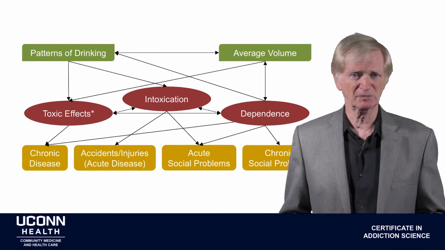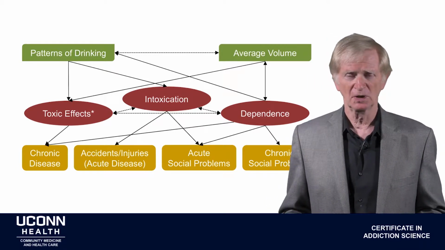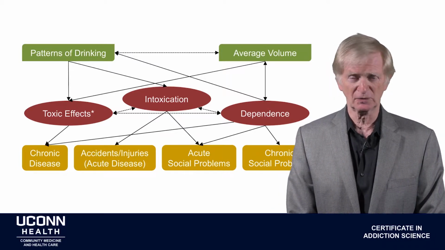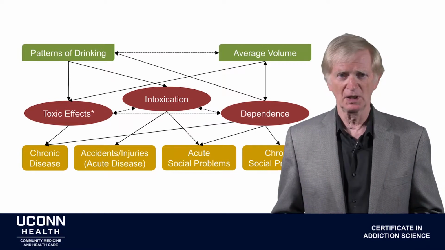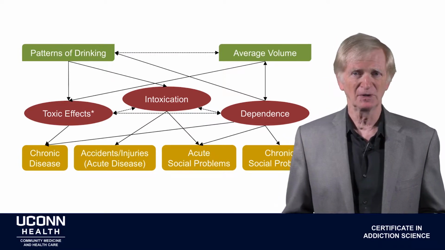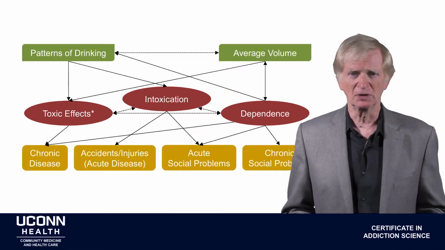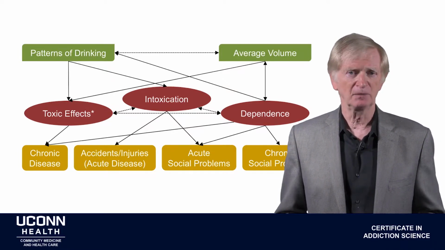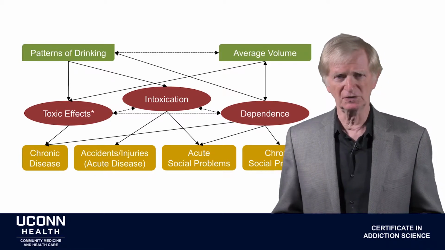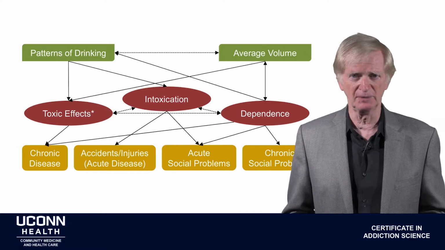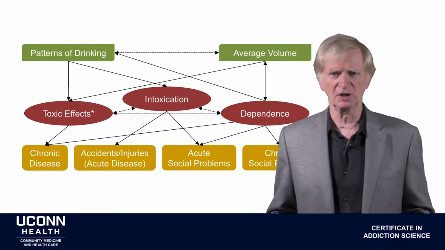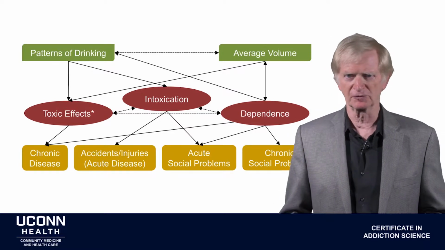The type of substance makes a big difference too, because substances differ in their psychoactive properties as well as their dependence potential. When you combine the type of substance and the pattern, you can begin to explain why different people using different drugs experience different types of problems, whether it's chronic diseases, accidents and injuries, or social problems.